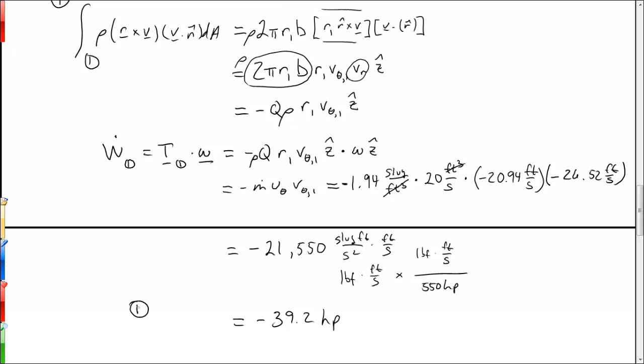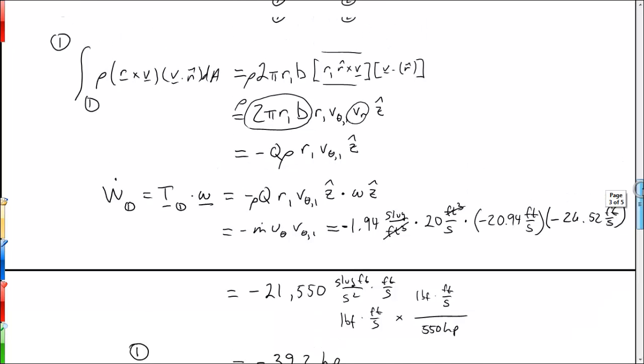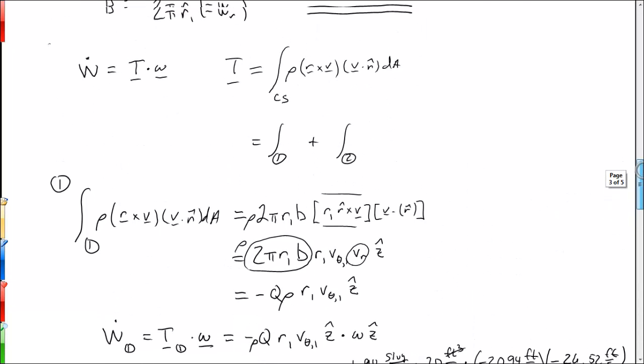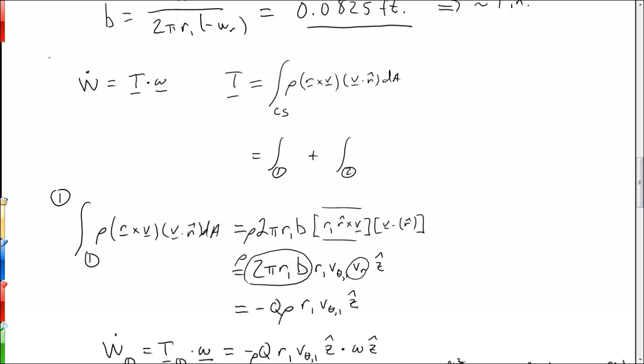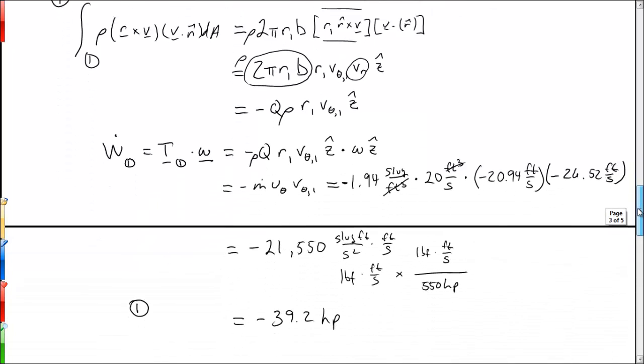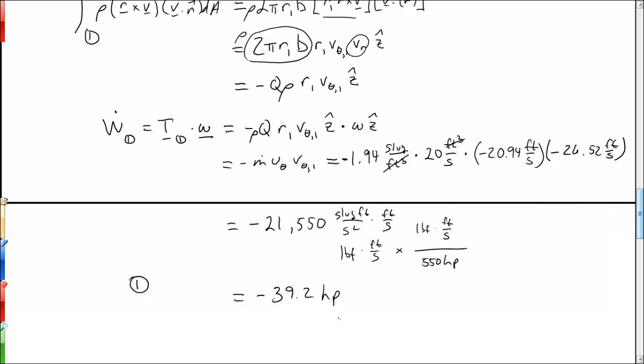The thing to note is that because I did everything in vector terms, with my dot products and my cross products, the sign falls out. So the negative sign falls out on its own.